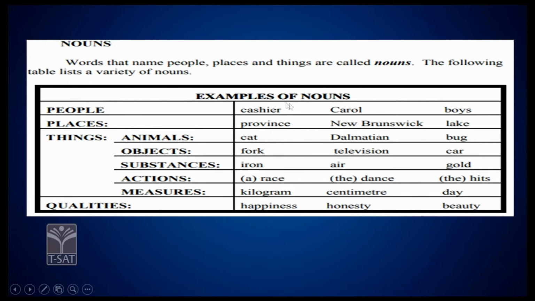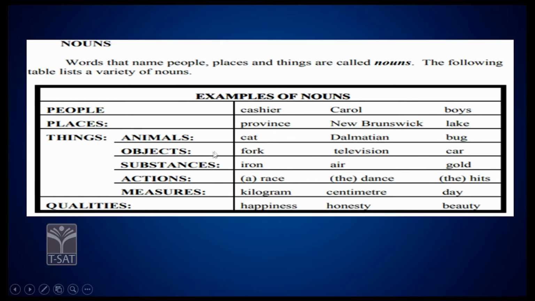See, people: cashier, Carol, boys. Places: province or state, New Brunswick or Hyderabad, New Delhi, India, Telangana, lake, ocean, sea, something like this. So these are the instances for people and places.